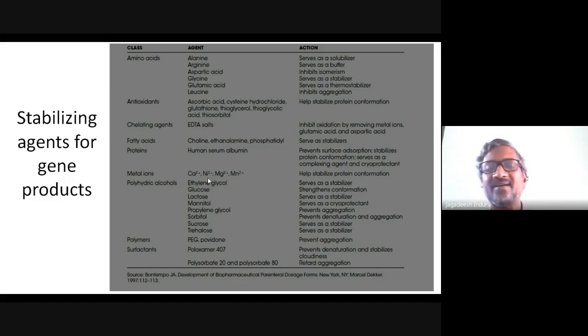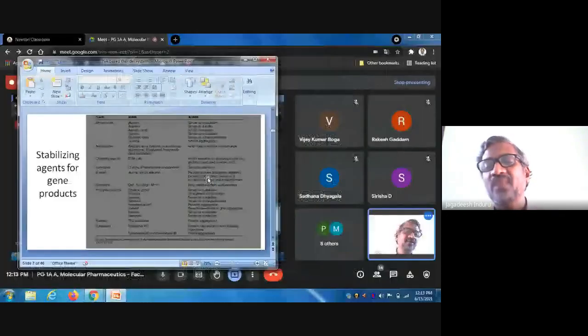Polysorbate 20 and 80 retard aggregation. So we have a wide variety of agents. We need to pick one, fix the concentration, and finally adapt it in the final optimized formulation. So this is what we are going to have as a liposome, specific to get success in drug targeting and nucleic acid delivery.